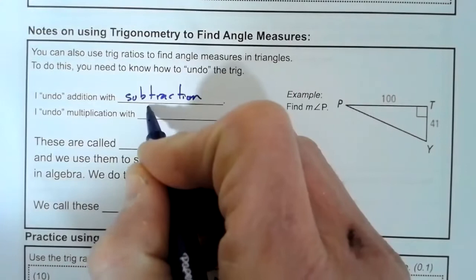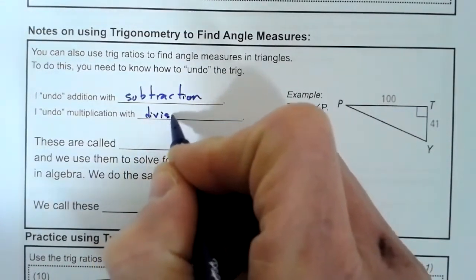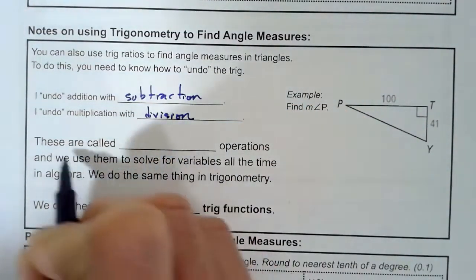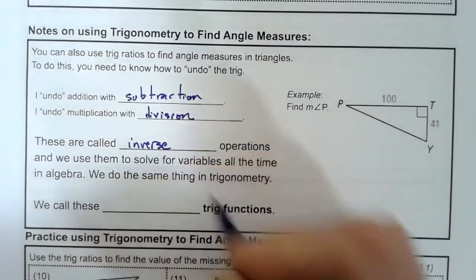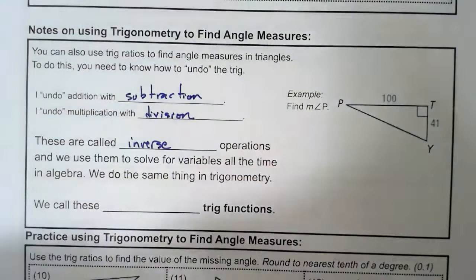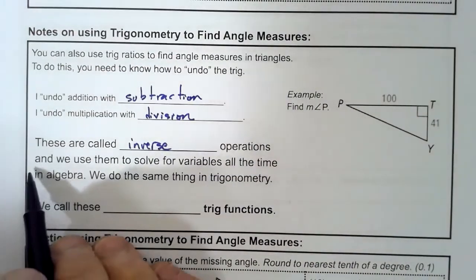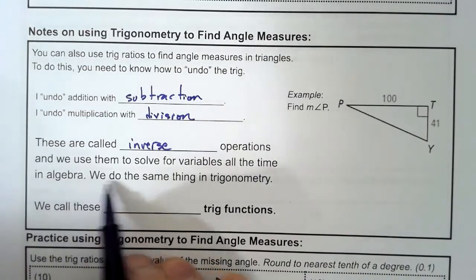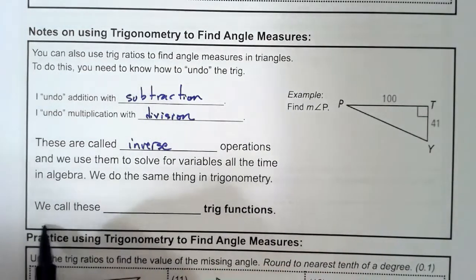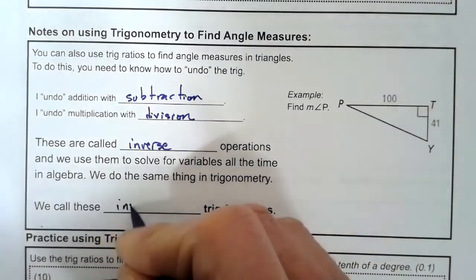I undo multiplication with, you know where this is going, division. Now, what are these called? They're called inverse operations, right? You undo something by doing the inverse of it. And we use them to solve for variables all the time in algebra. We do the same thing in trigonometry. We call these inverse trig functions.